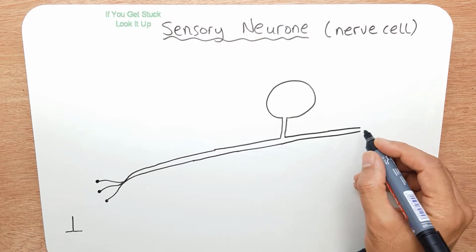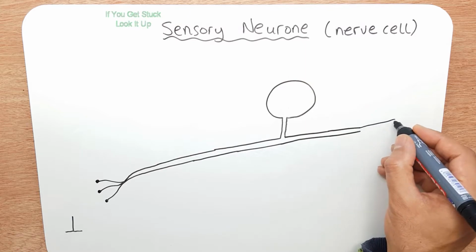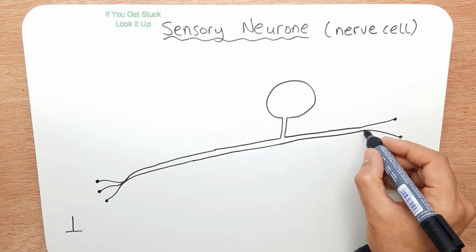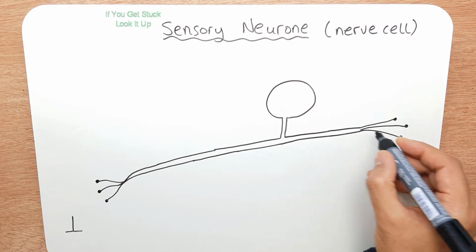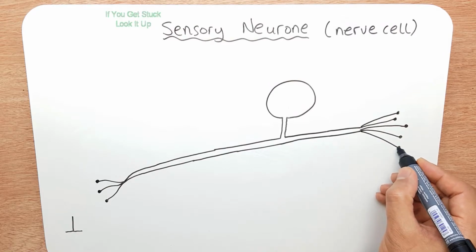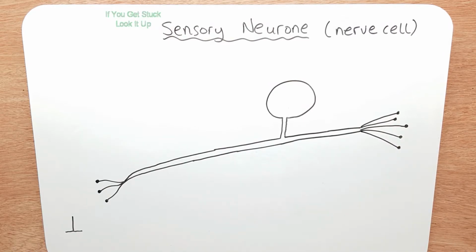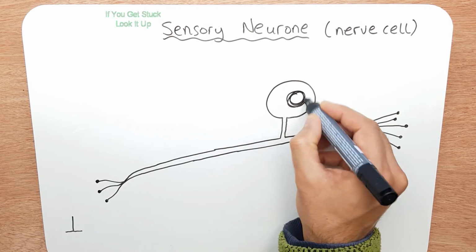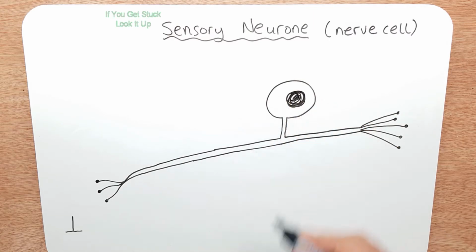So don't worry about that. And then it connects with other neurons in the central nervous system. I'll explain that in a second. So there's your cell body, and there's your cell nucleus. So let's label up the parts.